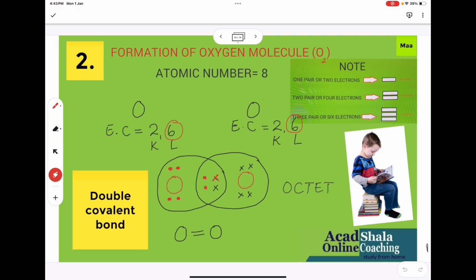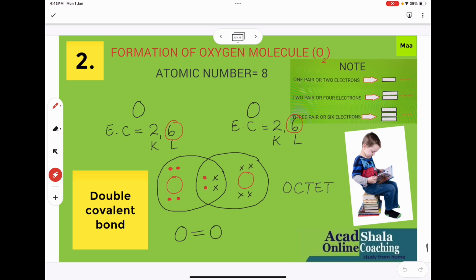Yes, this cross one, beta, you take it. This oxygen, I have taken it with cross, and this oxygen I have taken with dot. Just to differentiate between the electrons, so that you do not get confused in the beginning. That is why we have taken this cross for this oxygen and this dot for this oxygen.